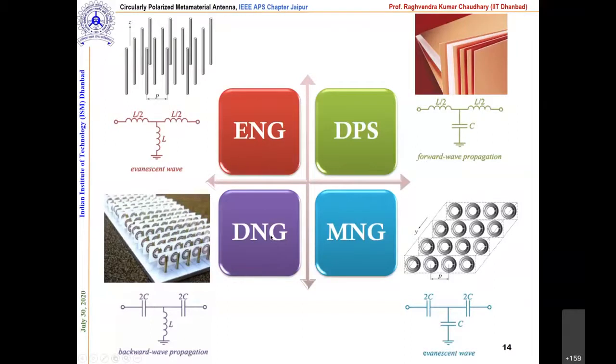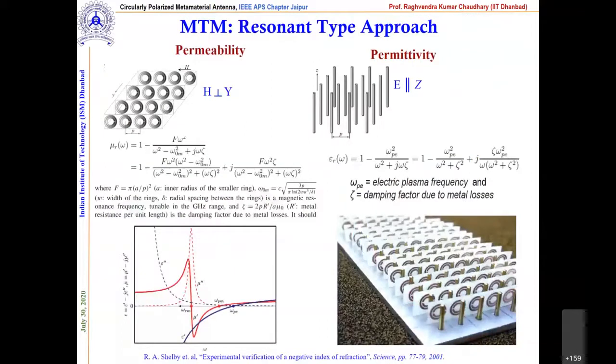I must point out that there are two approaches going on in parallel in microwave engineering. One is the resonant type approach, correct? Mainly we also use this approach in developing filters, correct, as well as absorbers, correct.